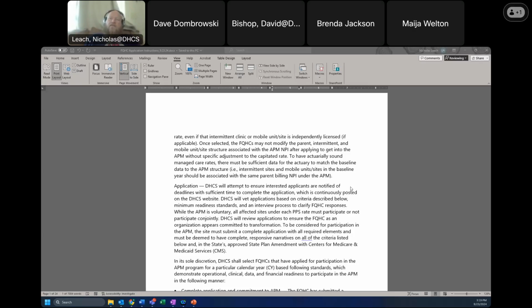Let's say you have 2 parent sites with 2 intermittent clinics under each of them, and you apply in that manner. If you were to move one of your intermittent clinics from one parent site to the other, without us, DHCS, being able to appropriately adjust the data, the APM PMPMs that would be developed under the 1 parent with 2 intermittent and 1 parent with 2 intermittent structure would not be valid for the structure of 1 parent with 1 intermittent and 1 parent with 3 intermittents.